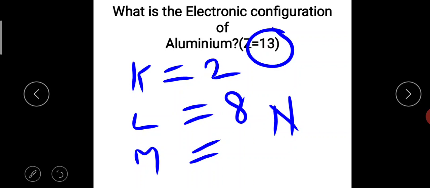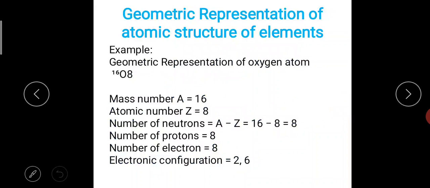The atomic number is 13, so how many remain? 3. So the M shell holds 3 only. The N shell has nothing. This is how we put the electrons in each shell. So how will you say the electronic configuration of aluminium? 2, 8, 3.